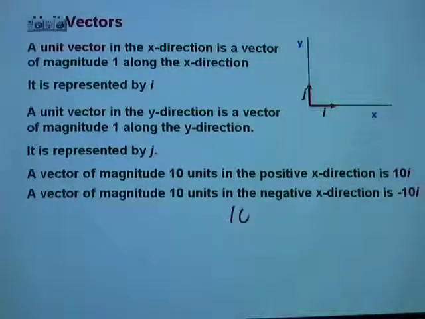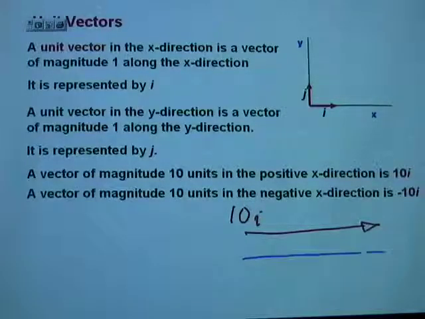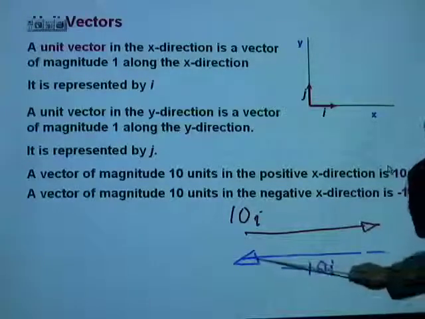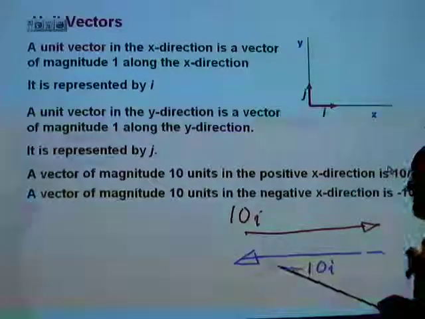So what does 10i represent? 10i is a vector of magnitude 10 units in the positive x direction, whereas a vector of magnitude 10 units in the negative x direction is negative 10i. So this is positive 10i, this is negative 10i.